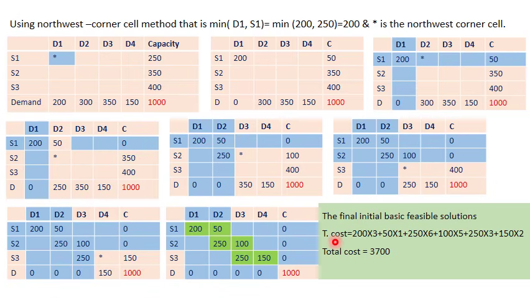We multiply these values with the corresponding costs, and we get the total cost. The total cost is 3,700. Now let's move on to the second stage, that is getting the optimal solution.